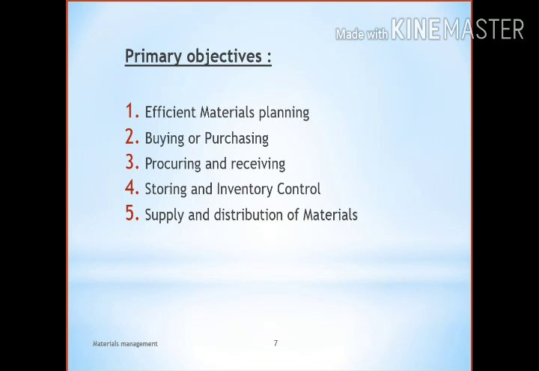If the product is more competitive, then we can increase the profit of the organization. So the primary objectives of material management are efficient material planning, buying or purchasing, procuring and receiving, storing and inventory control, supply and distribution of materials.